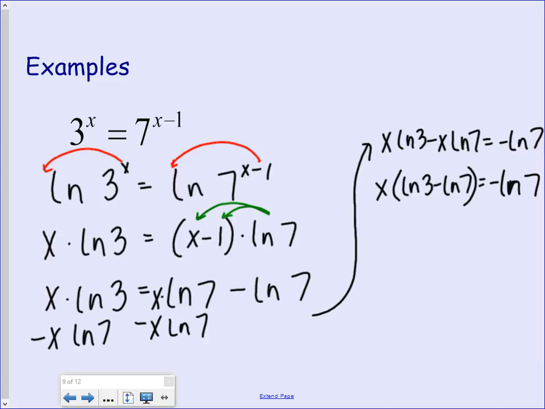So by factoring out x from both terms and just writing it as natural log 3 minus natural log 7, then I'm not rounding my answer. And then I could divide both sides by that whole piece. I will do that only because I don't want to round yet.